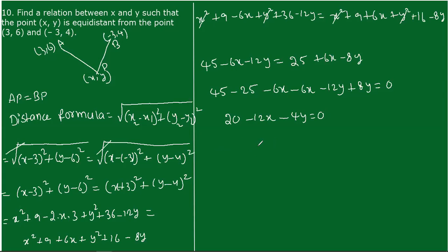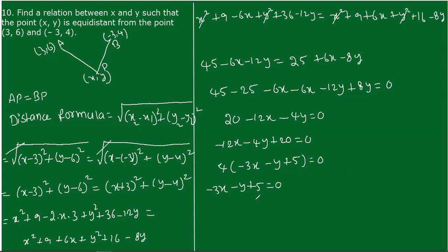So I can write minus 12x minus 4y plus 20 equal to 0. From this I can take 4 as common: 4 times (minus 3x minus y plus 5) equal to 0. Taking the 4 to RHS, 0 by 4 becomes 0, so minus 3x minus y plus 5 equal to 0.